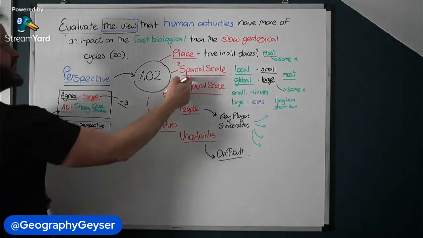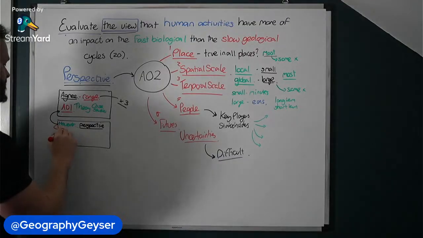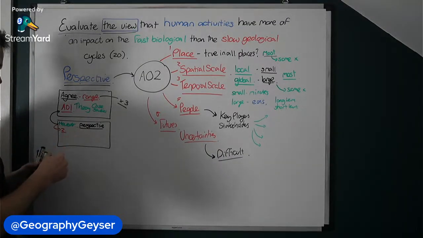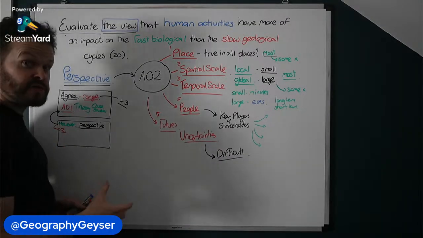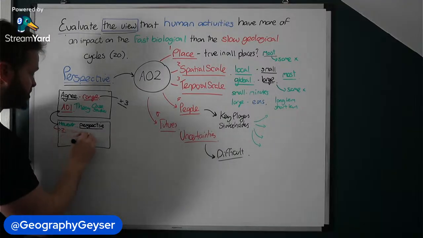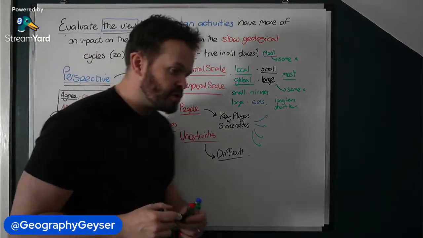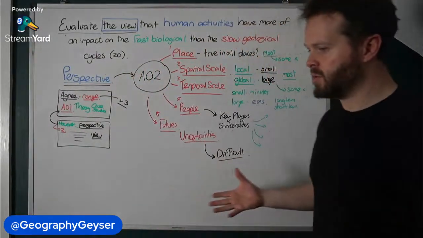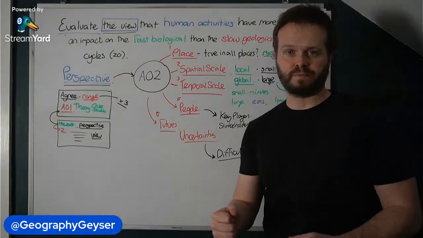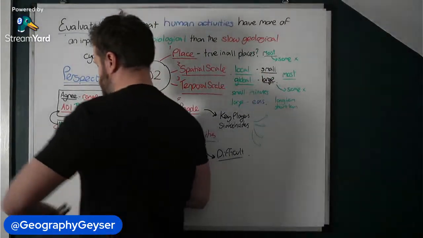Let's say, why don't we consider this from different spatial scales? Then you go through all the different spatial scales and say whether at those scales you can agree with the view or you might disagree with the view. Yeah? You do the same.